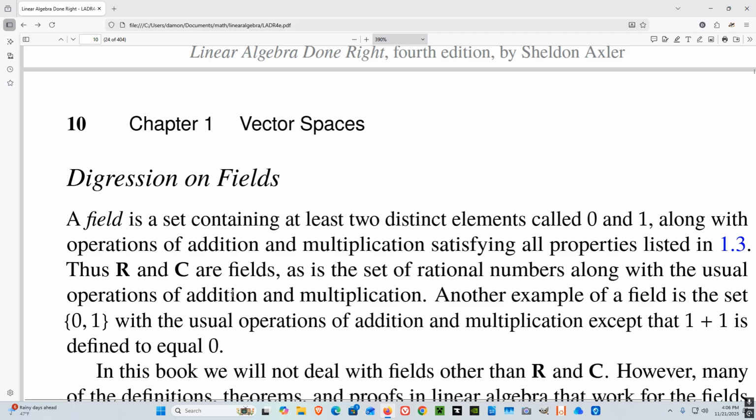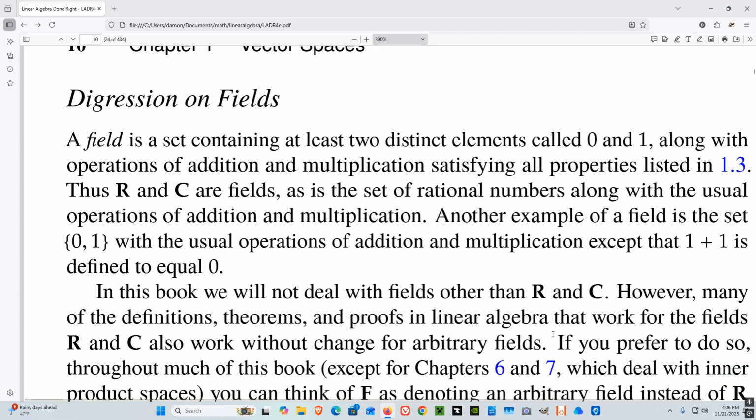All right, thus R and C are fields, as is the set of rational numbers along with the usual operations of addition and multiplication. Another example of a field is the set of numbers just 0 and 1 with the usual operations of addition and multiplication, except that 1 plus 1 is defined to equal 0. So that's addition mod 2.